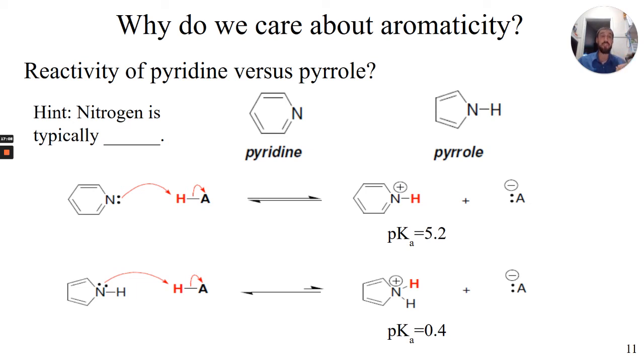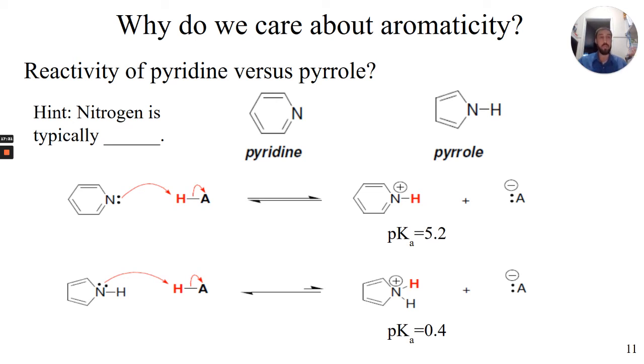Significantly more acidic. That aromaticity is lost when you put a hydrogen on it. You no longer have that lone pair, and that structure is now, well, it's not anti-aromatic, it's non-aromatic. It doesn't want to be non-aromatic.